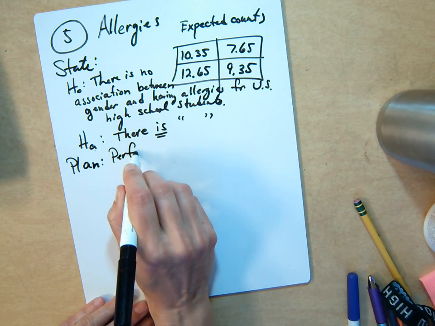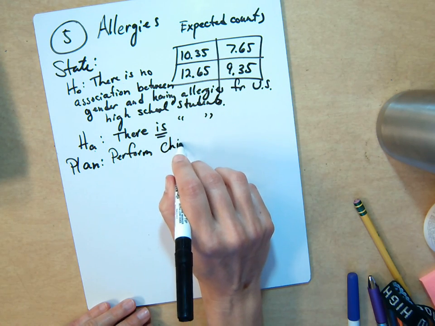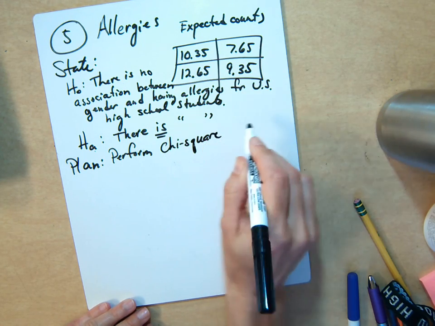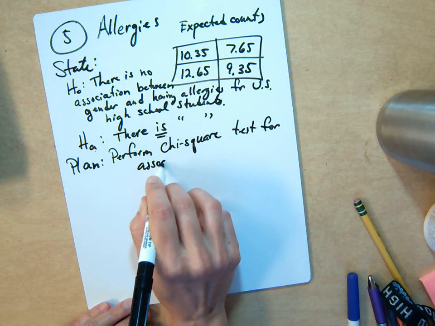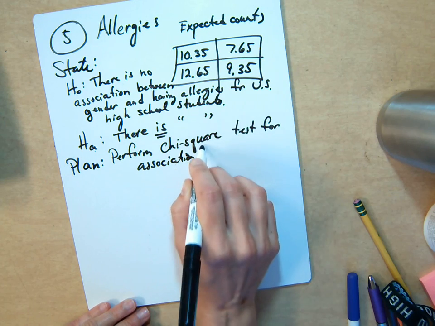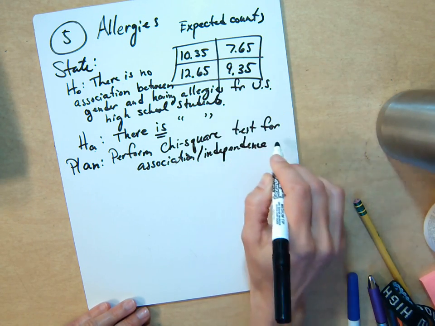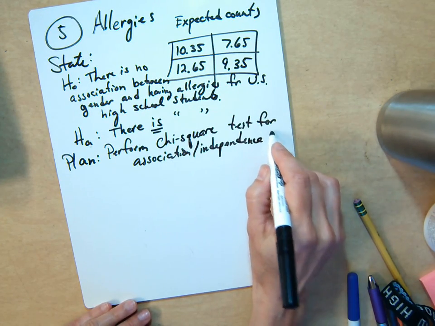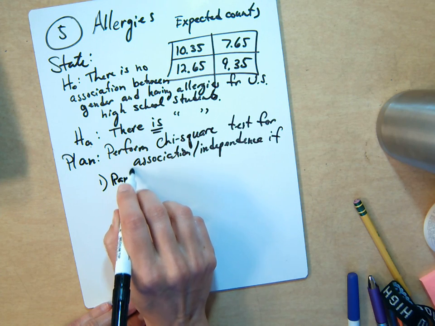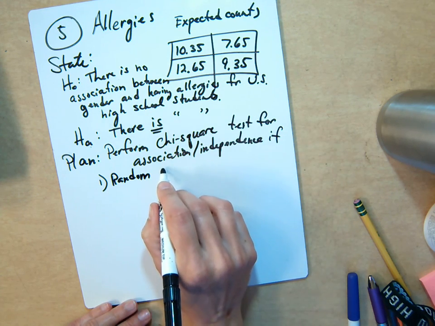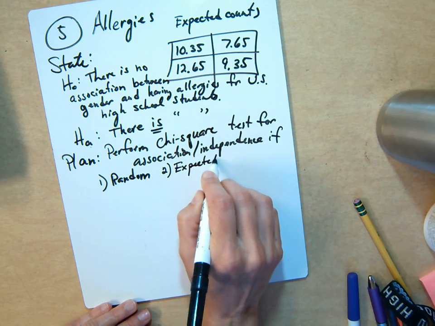And then our plan is we're going to perform, so be sure to name the test that you're using, chi-square test for association / independence. If our 3 conditions are met: 1 is our data is from a random sample. 2 is we would show that our expected counts are all greater than or equal to 5.